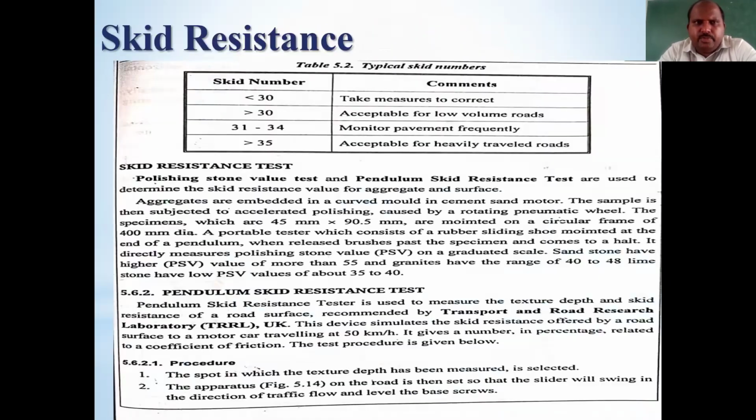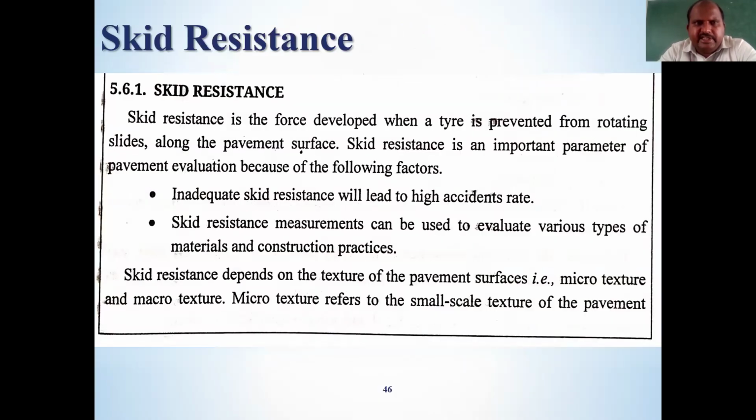So the next topic is skid resistance. This one is a very important topic. If you are driving on a flexible pavement, skid resistance is the utmost important factor while considering the design of flexible pavement as well as rigid pavement.